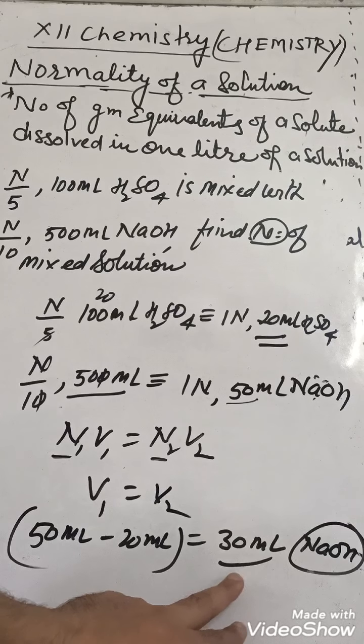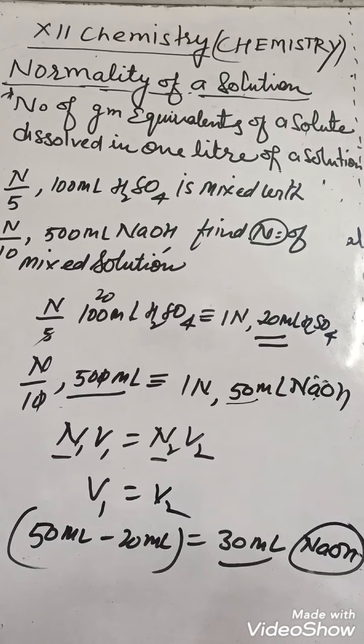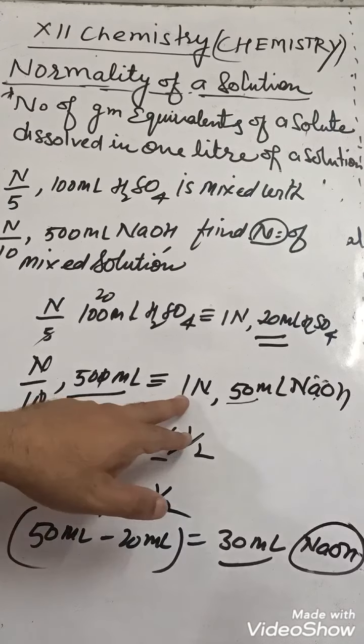So how many gram equivalent are present in 30 ml of NaOH? Normality of NaOH is 1.